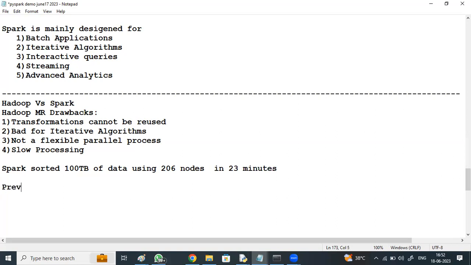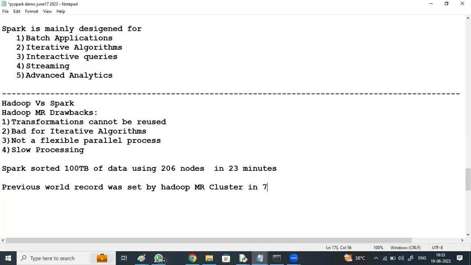If you see the previous world record, it was set by a Hadoop MR cluster, taking 72 minutes.